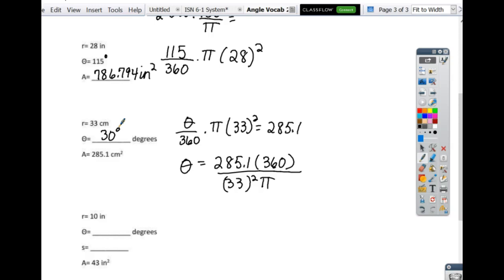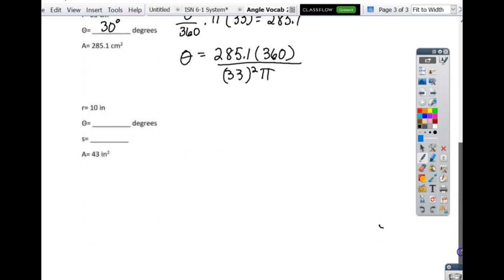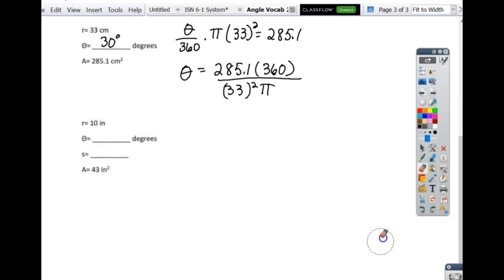Okay, so the last one that we're going to do. We need the S, right? But do I have a theta?